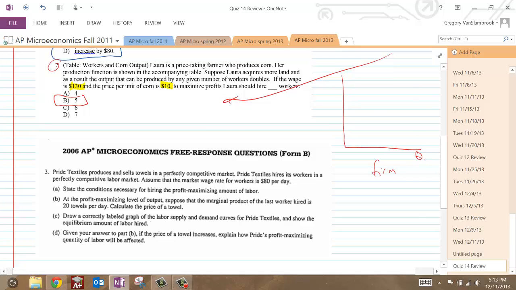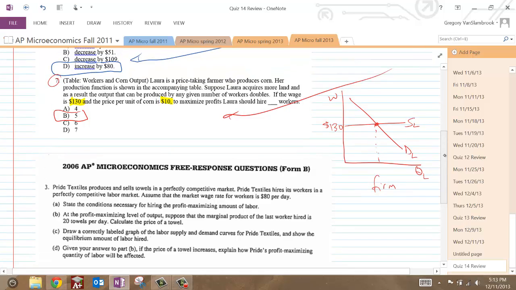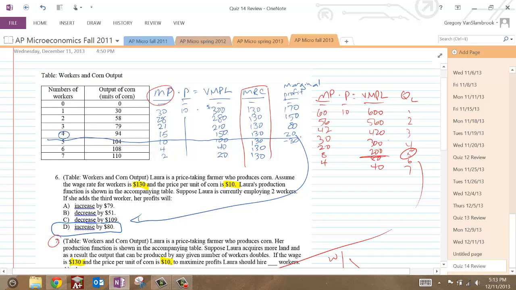Say sketch a graph, you need to know that the axes for the firm graph is quantity of labor and W for wage, that the supply of labor is a horizontal, perfectly elastic line at a wage rate of 130, and the demand for labor can be sketched as just a downward sloping curve.